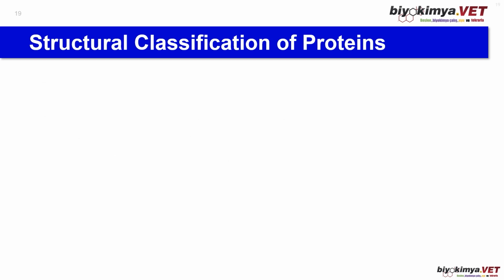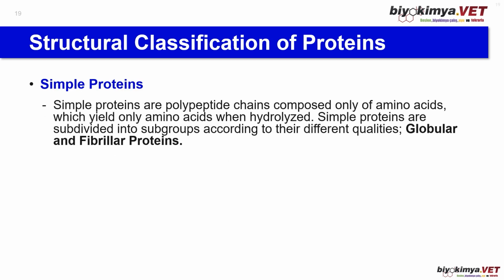In this class of proteins, there are simple proteins, which have polypeptide chains composed only of amino acids. There are two types, globular and fibrillar proteins, or fibrous proteins. There are conjugated proteins.